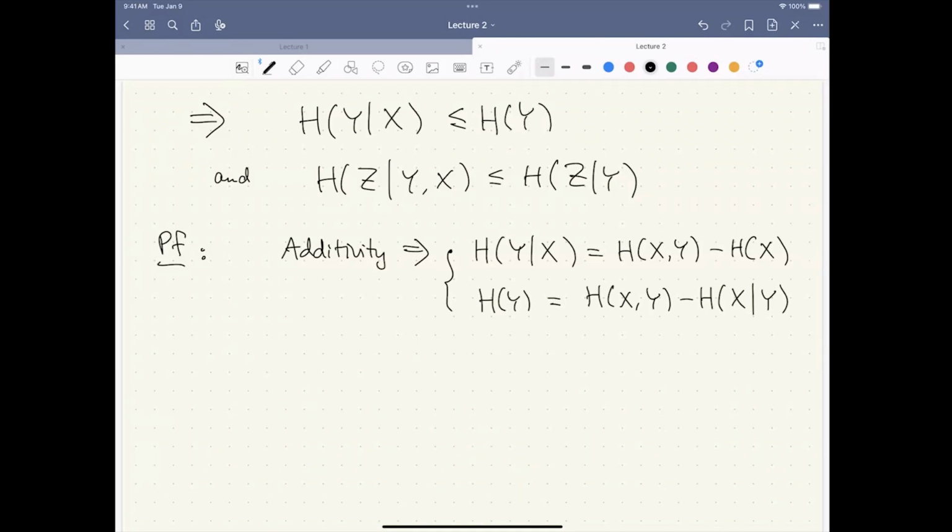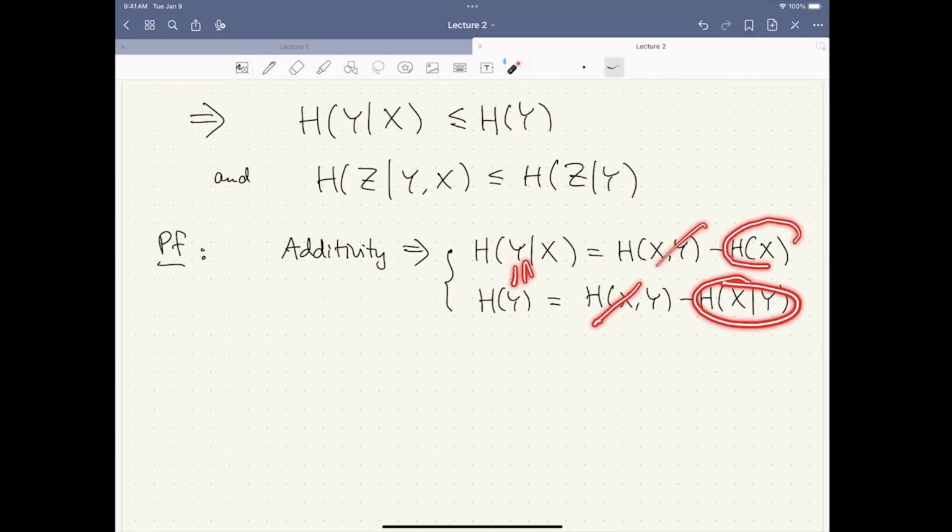Both of these are additivity. We want to prove this one is less than this one, so we need to prove this one is larger than this one.